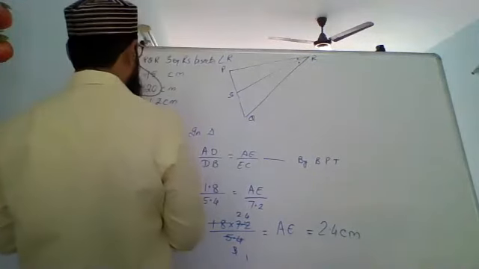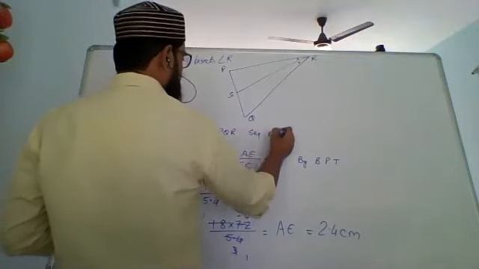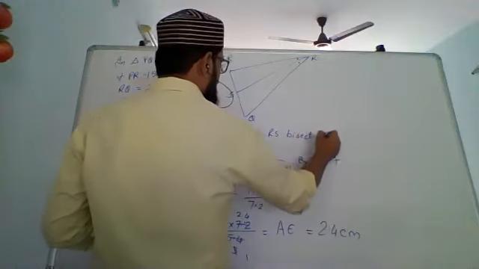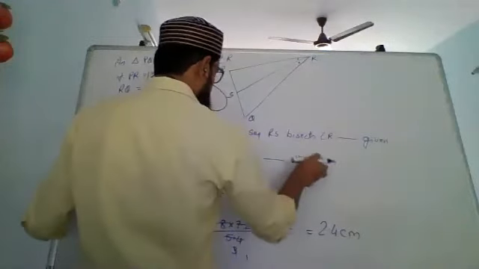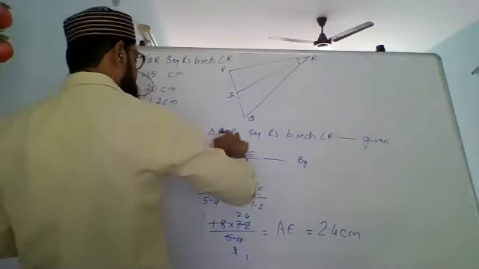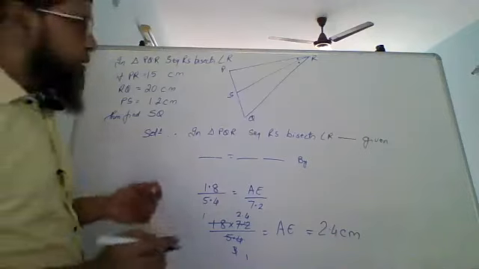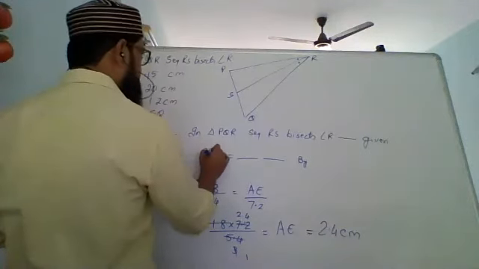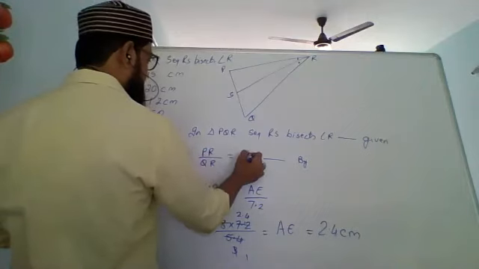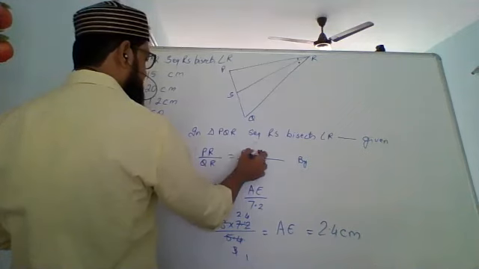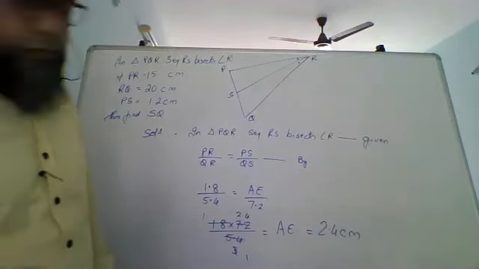So again, I'm going to say in triangle PQR, segment RS bisects angle R. Reason: given. Okay. So if that is the case, if it bisects angle R, then by the angle bisector theorem, or property of angle bisector, I'll say PR upon QR equals PS upon QS, or SQ, whatever.